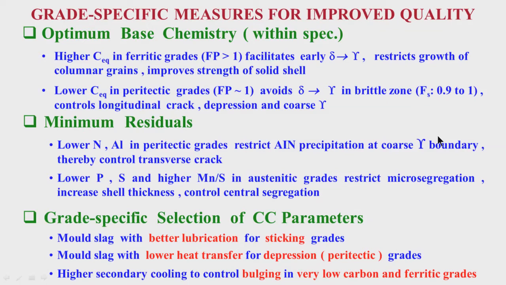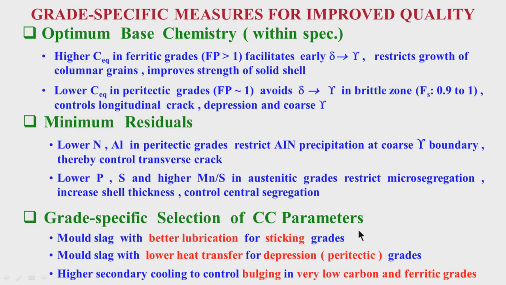Then you might have a chemistry like very high carbon, say more than 0.3, 0.35 or more than 0.5, or in the stainless steel family a grade like 310 or 310S, which is totally austenitic solidification. There, what happens? During solidification the shell is thin because of pronounced microsegregation of phosphorus, sulfur and other elements.